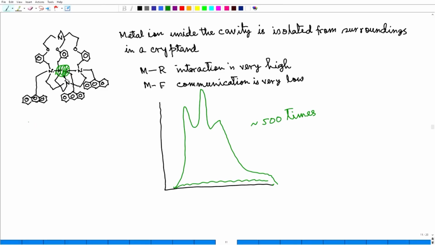One problem is that this cryptand has poor chemoselectivity.